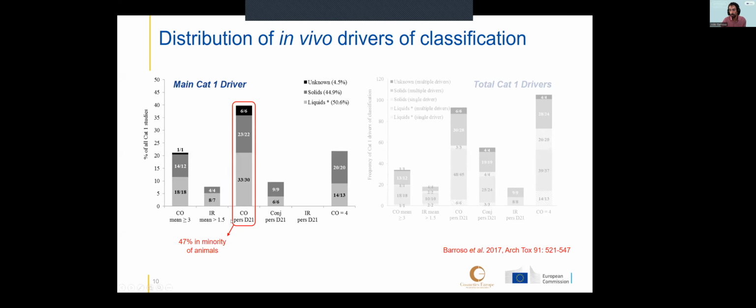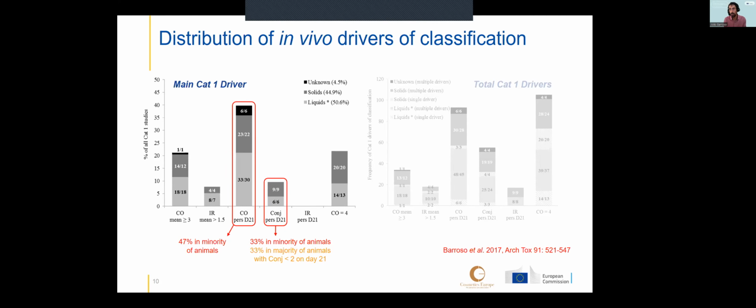And you can see that 47% of these chemicals classified based on persistence only show the effects in a minority of the animals, so less than 60%, many times in a single animal. The same for conjunctival persistence, 30%, 33% occurred in a minority of the animals. And actually 33% had effects in the majority of the animals, but showed conjunctival scores of 1 on day 21.